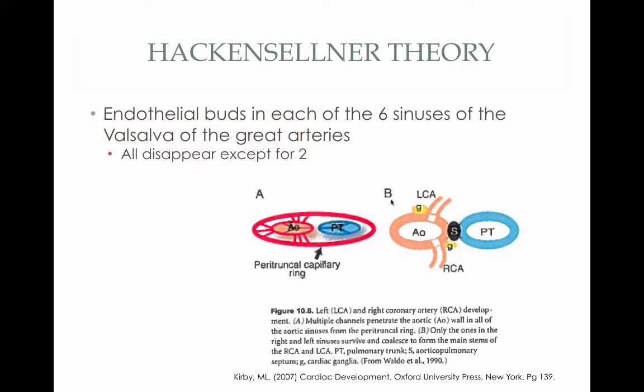This one would be the non-coronary, so there would be no coronary artery here, but then two buds, the left coronary artery and the right coronary artery, would form.